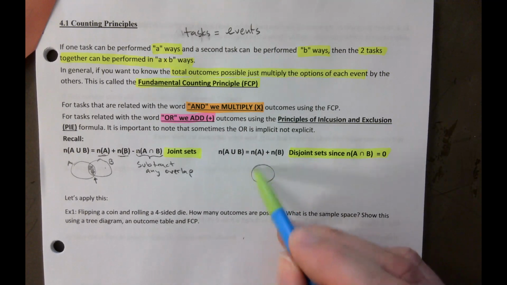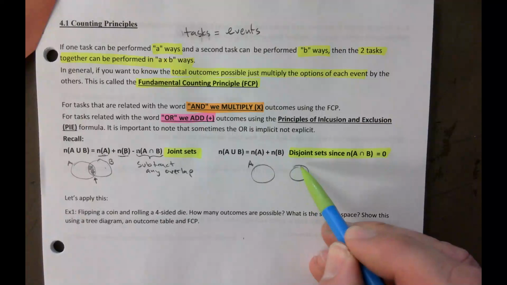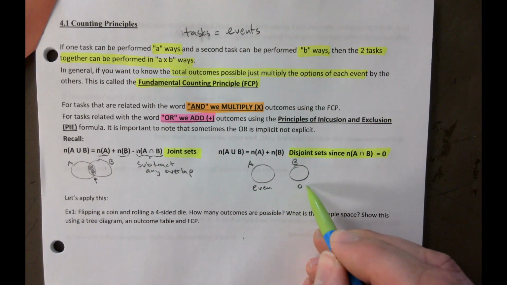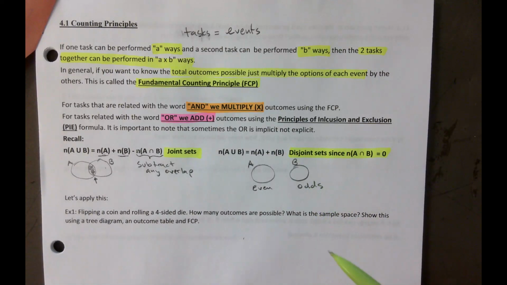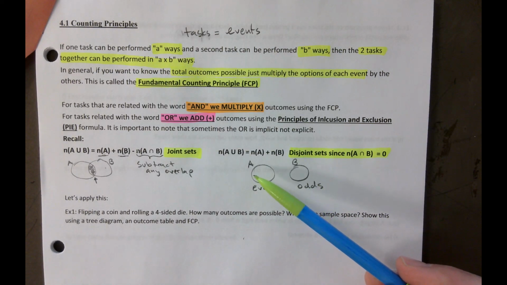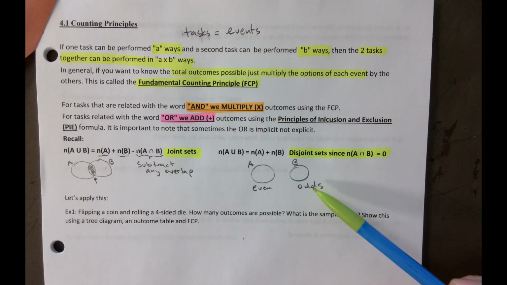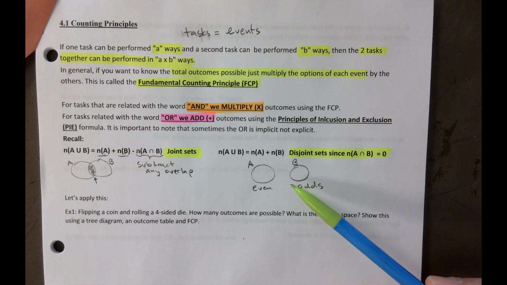So disjoint could be your evens and your odds, let's say. If you're adding up the events in A, which represent even numbers, and the events in B, which represent the odd numbers, you would not have to worry about any overlap whatsoever.